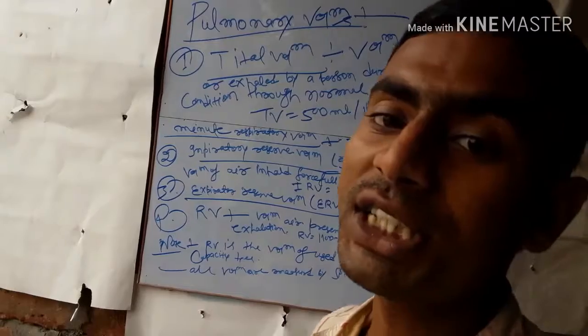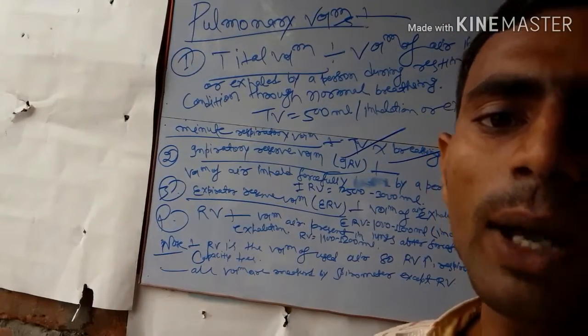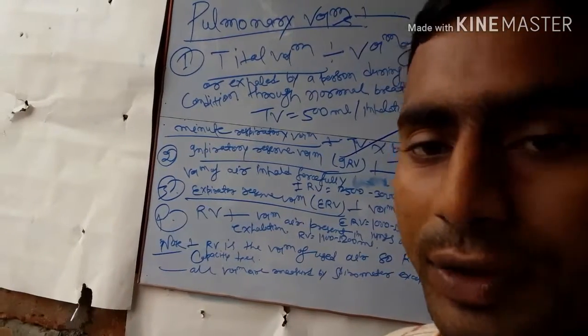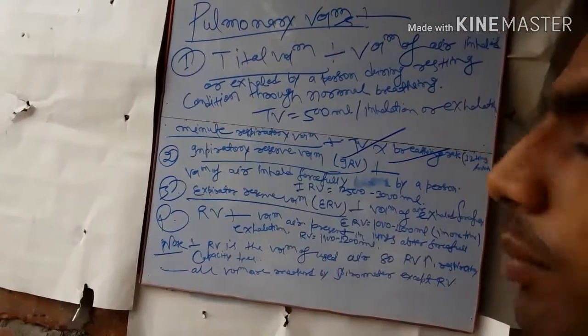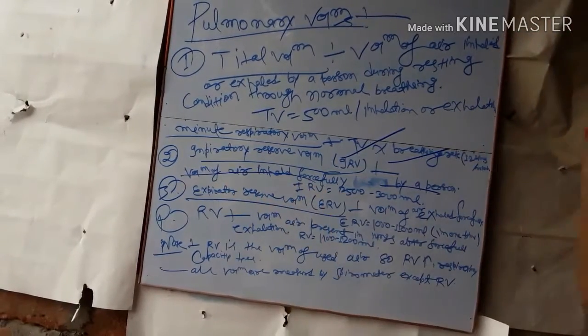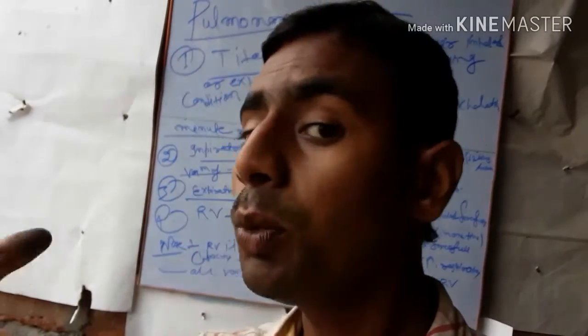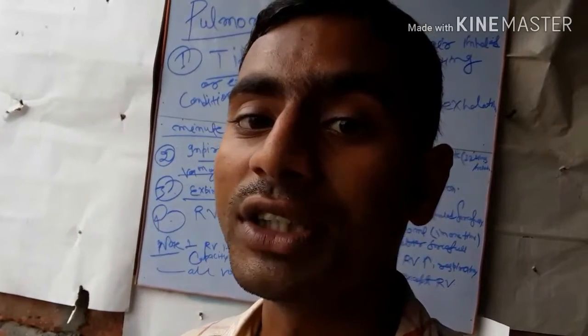Third point is the inspiratory reserve volume. This is not in the resting condition. This is a matter of forceful inhalation of air. Inspiratory reserve volume is the volume of air inhaled forcefully, not in the resting condition.